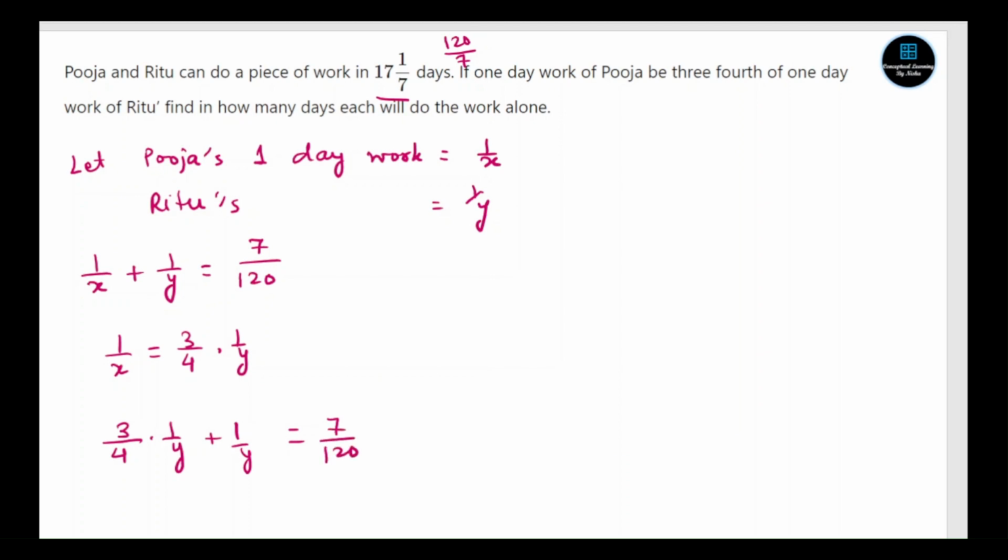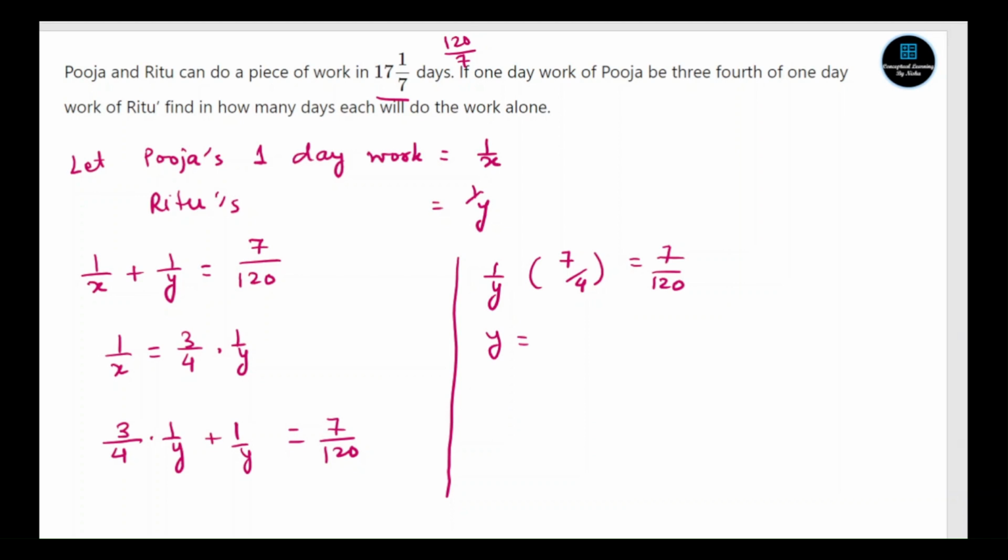And now when I simplify, we get the value of 1 over y, 7 over 4 times 1 over y equals 7 upon 120. And on simplifying this, I'll get y equals 30.